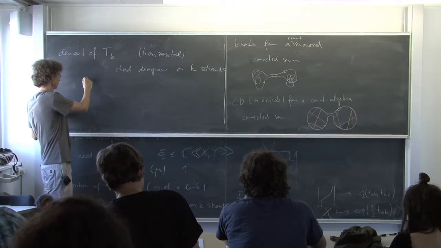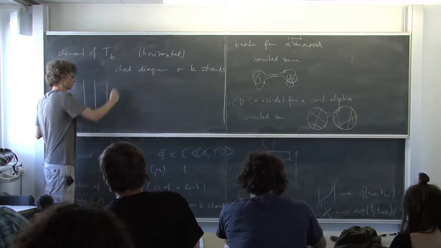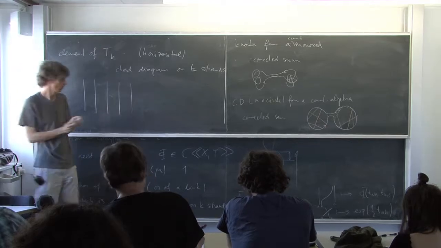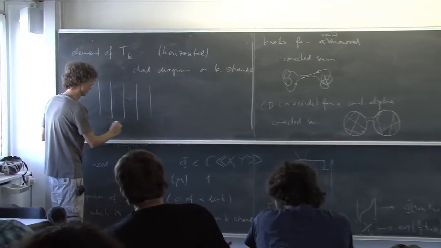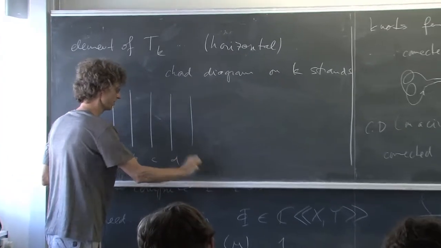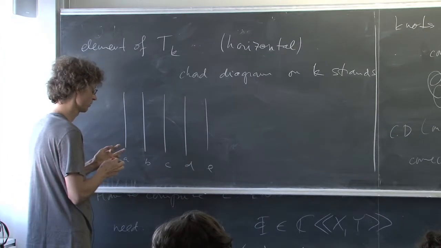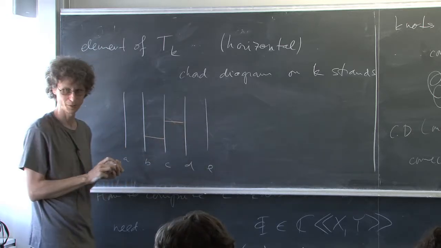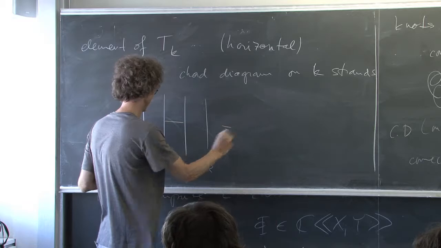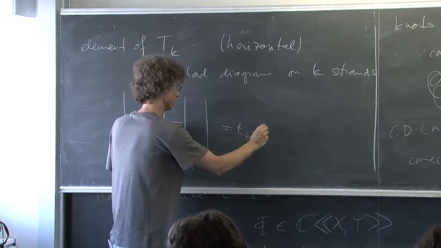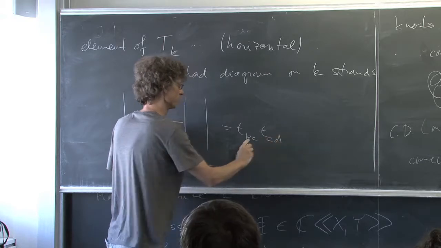What does it mean? You just draw those k strands, and now each time, say, here is A, B, C, D, E, and now if you see a thing like this, what is this? This is t_BC times t_CD.